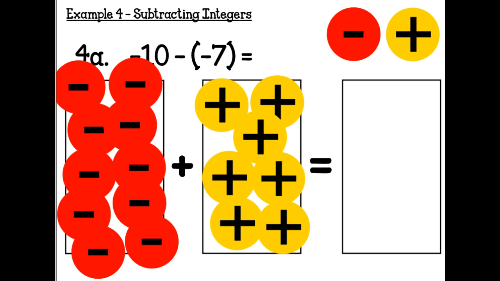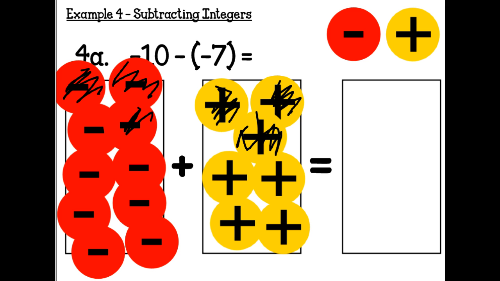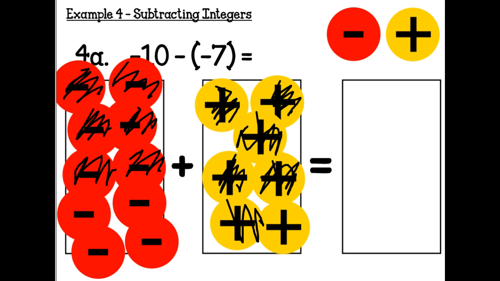And then we go through and we find pairs that cancel each other out. So this negative and this positive, this negative and this positive, and this negative and this positive, negative and positive cancel, and we are left with negative 3.